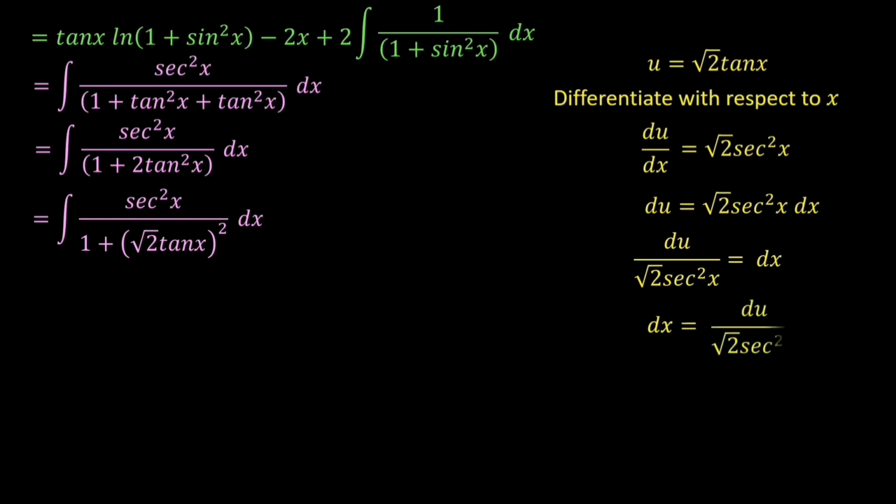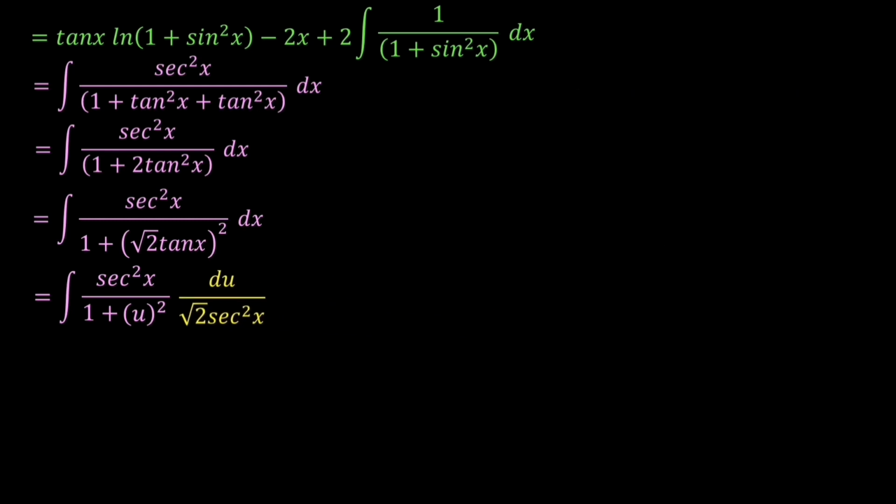Let's move to the integration part. Instead of root 2 tan x, we can substitute u. Instead of dx, we can substitute du over root 2 sec² x. After that, we can cancel out the denominator sec² x and the numerator sec² x. The denominator root 2 is a constant, so we can bring 1 over root 2 outside of the integral.